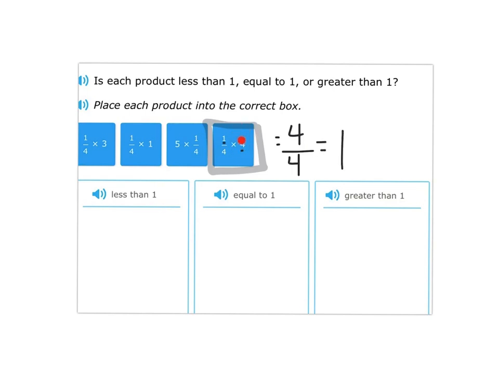Hopefully you notice when you have a whole number and it matches the denominator of that fraction that you're going to get 1 whole. This equals exactly 1 whole. The rest of them we're going to have to solve to figure it out.